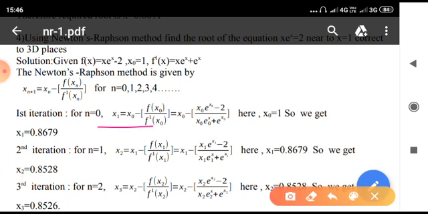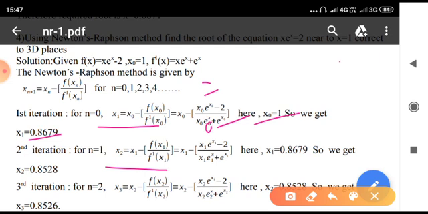So the formula is x1 equal to x naught minus f of x naught divided by f dash of x naught, which is x naught minus (x naught e power x naught minus 2) divided by (x naught e power x naught plus e power x naught). Here x naught is 1, so we get x1 as 0.8679.